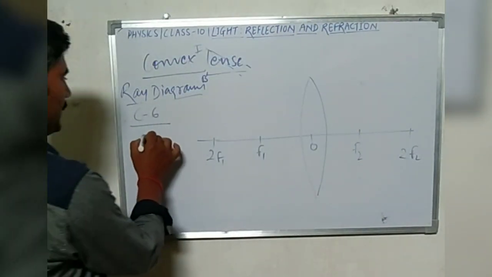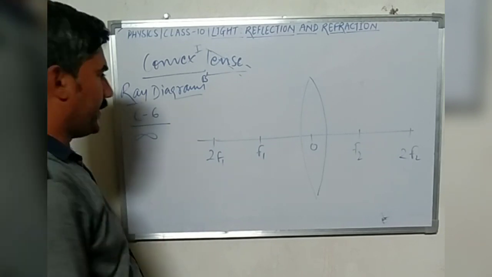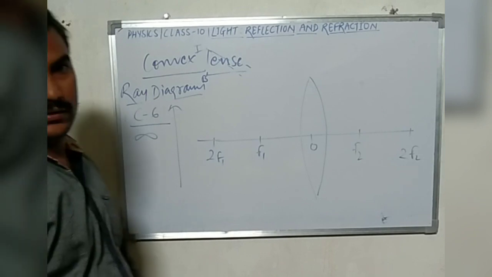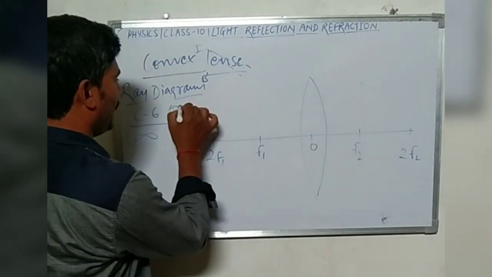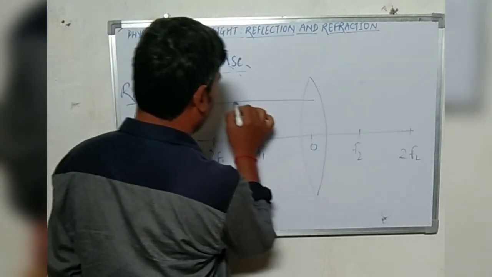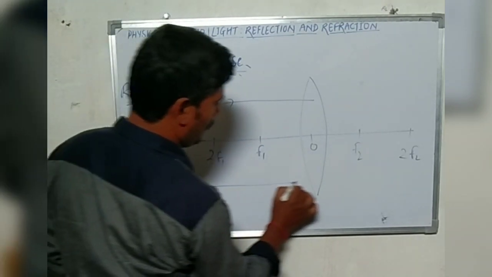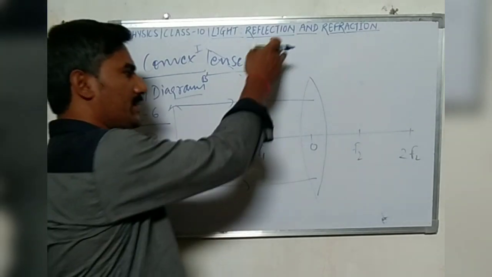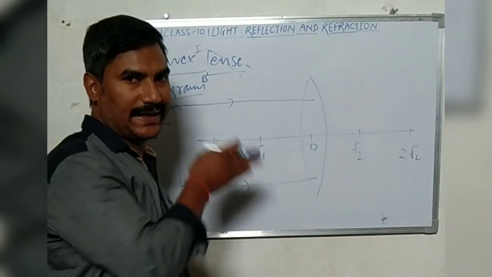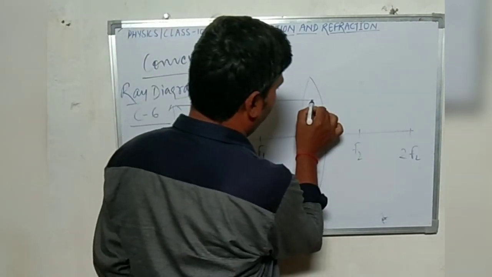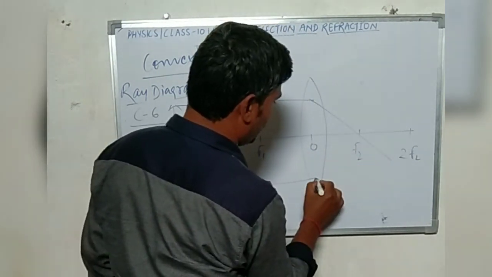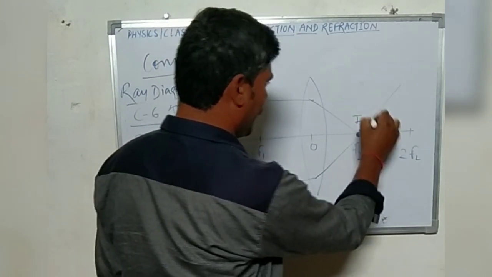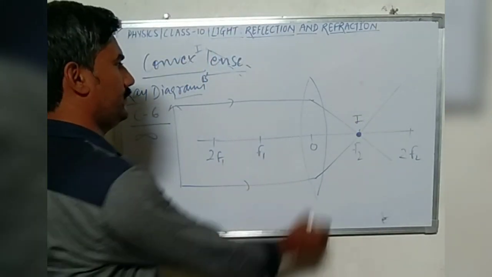Suppose there is an object which is placed at infinity having large size, the rays coming from it parallel to the principal axis strike the convex lens, and after getting refracted, since it is a converging lens, it focuses on the principal focus and a point size image is formed.